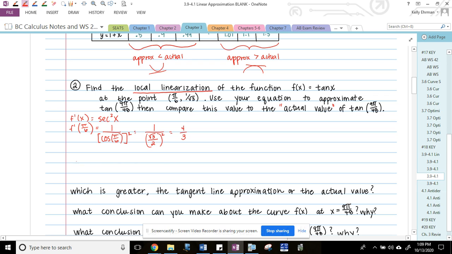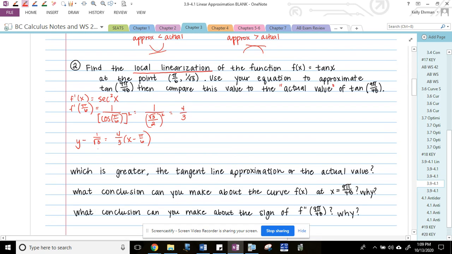So that's our slope. Our point slope equation would be y minus 1 over radical 3 equals 4/3 times x minus pi over 6. And since I am going to be plugging in for x and getting a y value, I would like to at least add this over. I'm not really going to distribute because we're going to be using a calculator for this one so that we can compare the actual value.